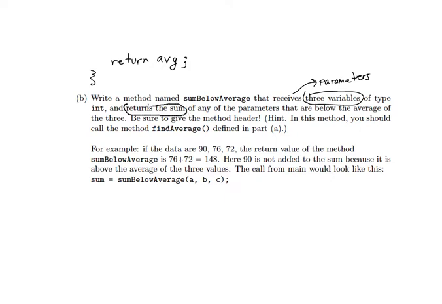Returns the sum of any of the parameters that are below the average of the 3. Okay, so I'm going to think about that complication in a minute. First, I'm going to get the method header written, because then at least I can get some points for that. So it looks like I'm returning the sum, and I'm getting 3 integers, therefore I'm going to be returning an int as well. So this is going to be another public static int.